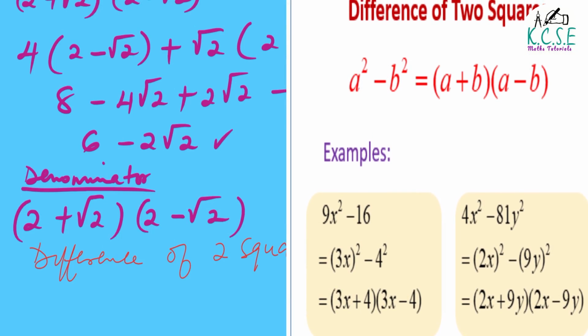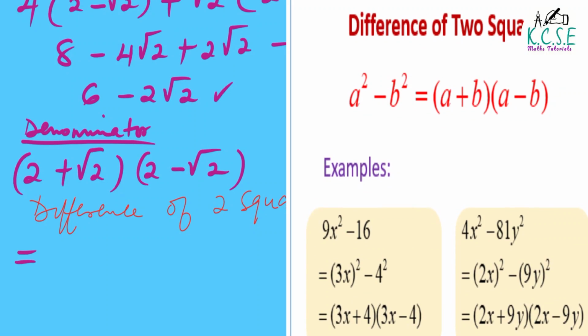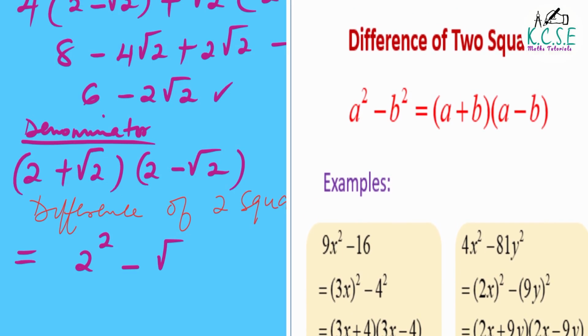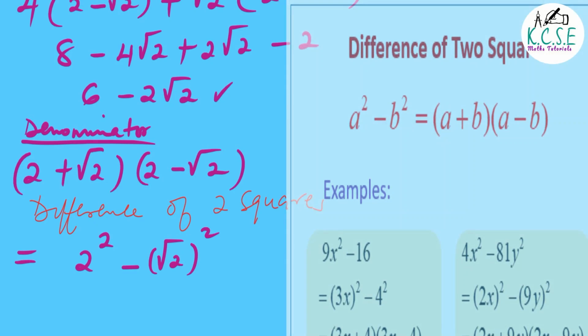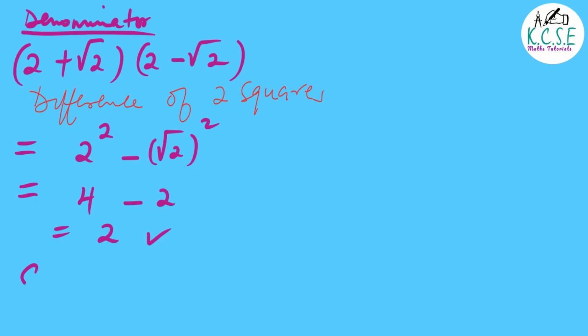If this is a difference of two squares, it will simplify to 2 squared minus root 2 squared, which will give 4 minus 2. This will give 2. So this is the solution for the denominator.